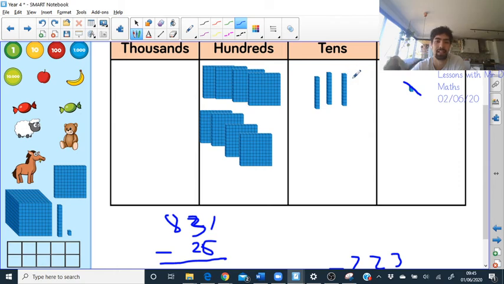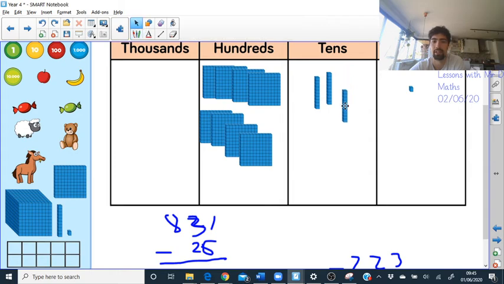Instead of calling it 10, I could call it 10 ones. I just draw those in. So I could take this and rename it as 10 ones, and once it's in the ones column, it can't look like this. I have to draw it out as 10 ones.